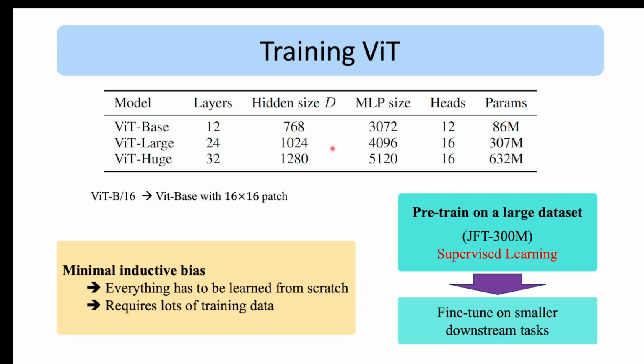Now, for training ViT, remember that the design objective was to have minimal inductive bias and instead learning everything from scratch. Because we have to learn everything from scratch, that means we need lots of training data. Therefore, the authors proposed to pre-train the ViT models on a very large dataset like JFT 300 million and using self-supervised learning paradigm, and then fine-tune them on smaller downstream tasks.